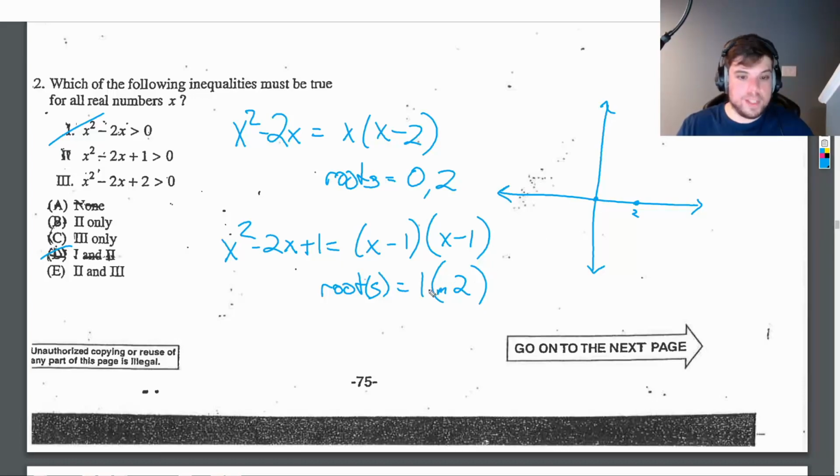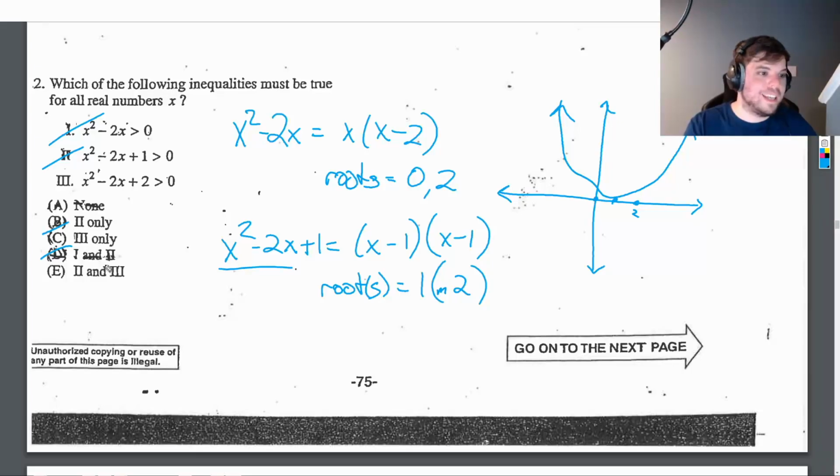So that means it hits the x-axis at x equals 1, and it just touches it. If we plug in a 1, we get 0, therefore breaking this inequality. So 2 is false. So that means it can't be this.